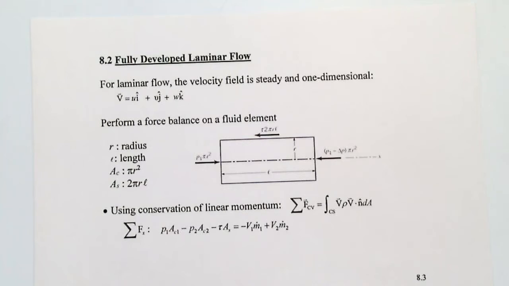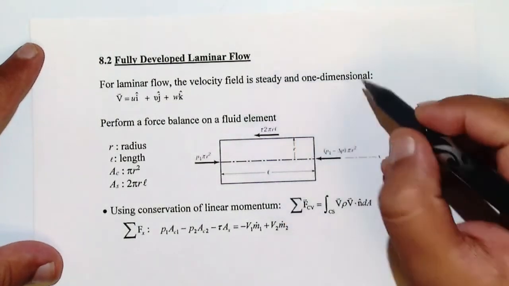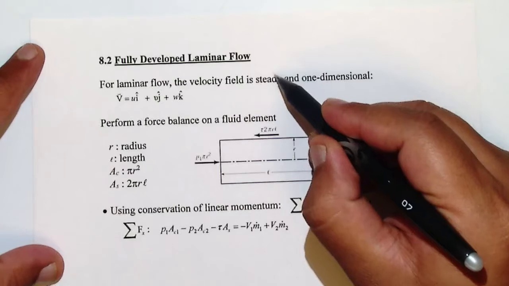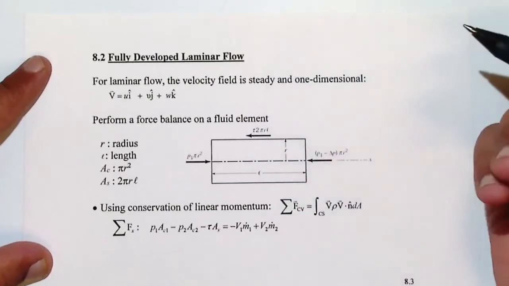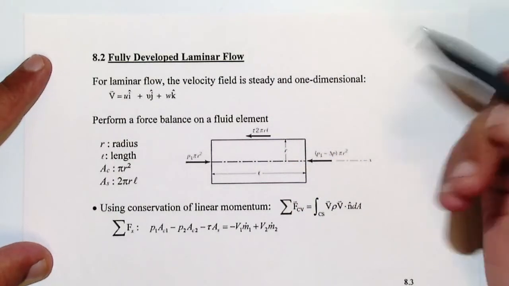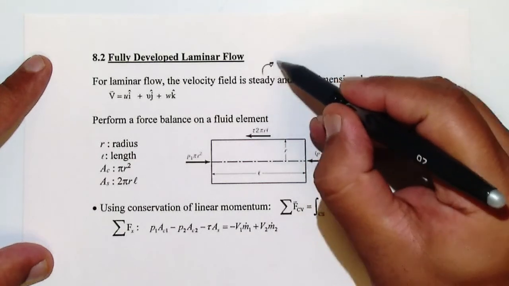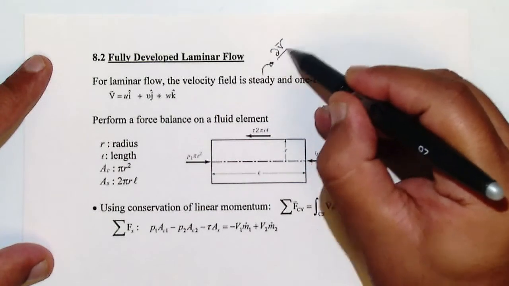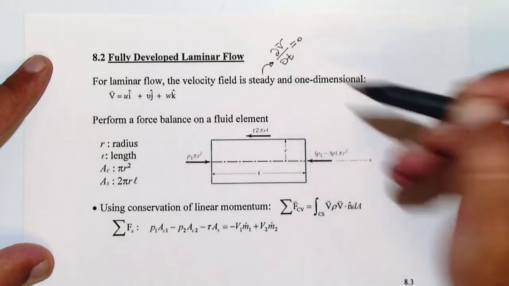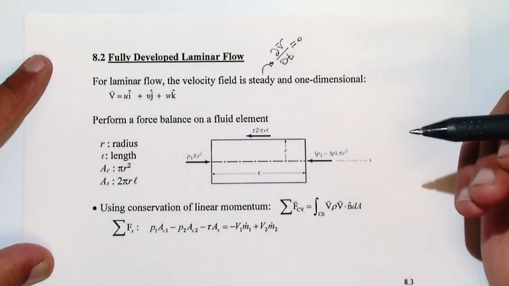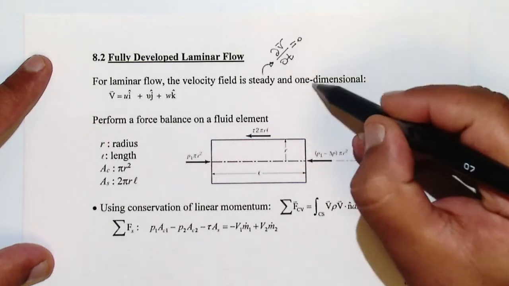So for that, let's say what the flow would be. At first we said it is going to be steady, right? In the entrance region you may not have the steady state condition, but after fully developed, it's going to be steady, so all the components of velocity have a partial time derivative of 0, right? And also it's one-dimensional.